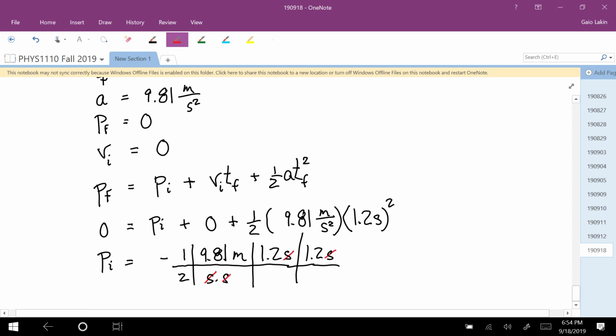The unit you're left with is meters, and that's good, that's what we want for position. And you get an answer of negative 7.06 meters.